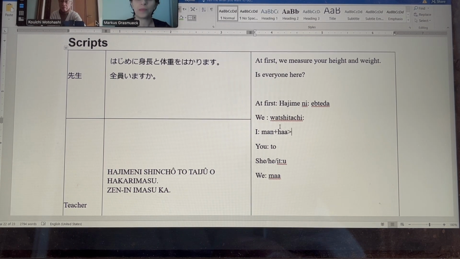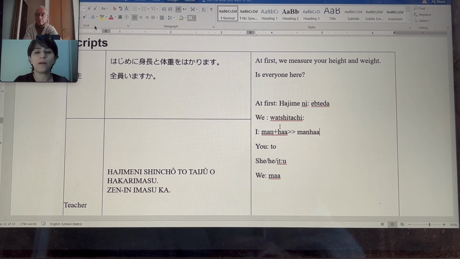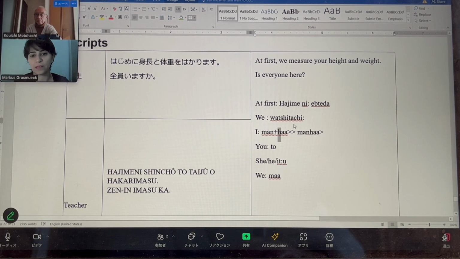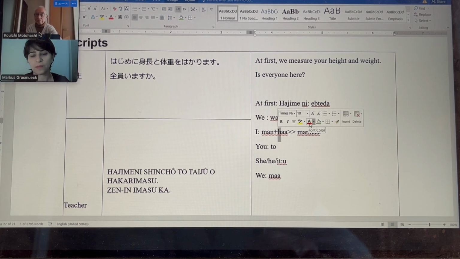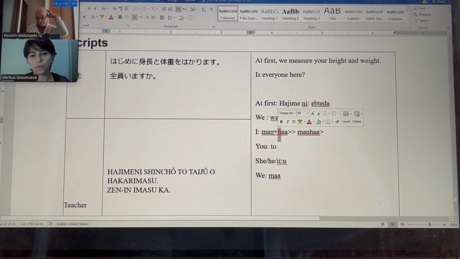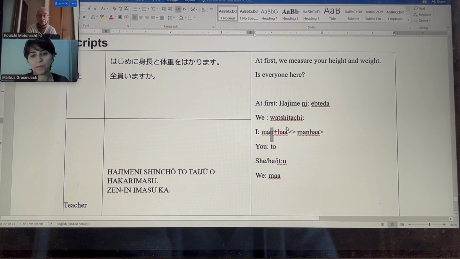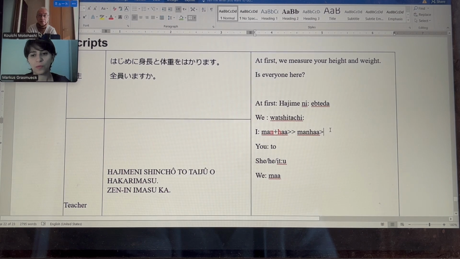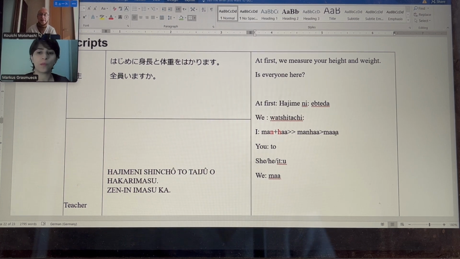So maybe it was like man ha and turned to ma, where the h and n are dropped. When there is more than one person, you can say ma. So man, ma.